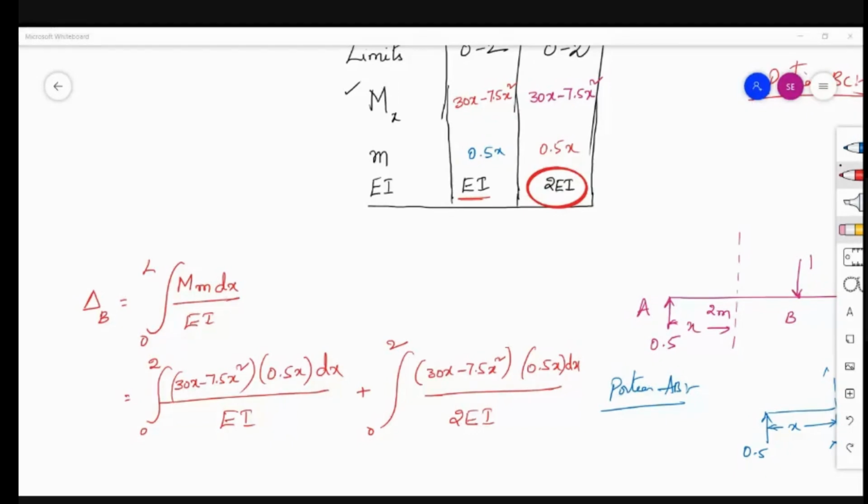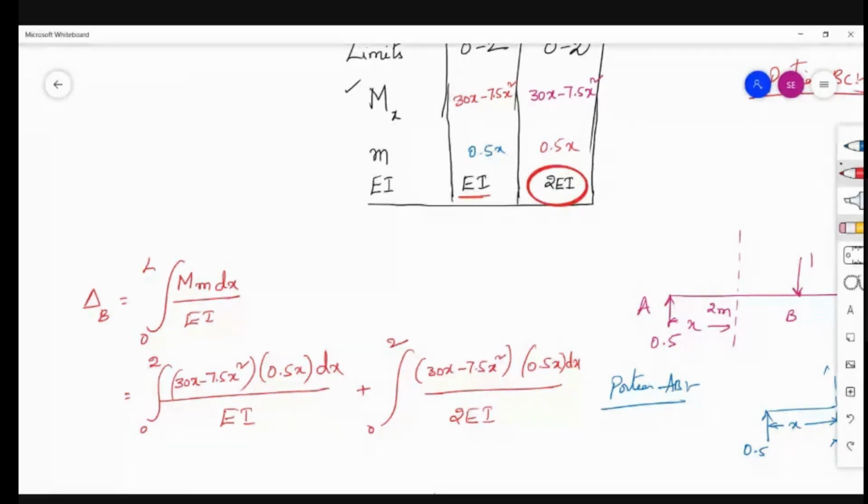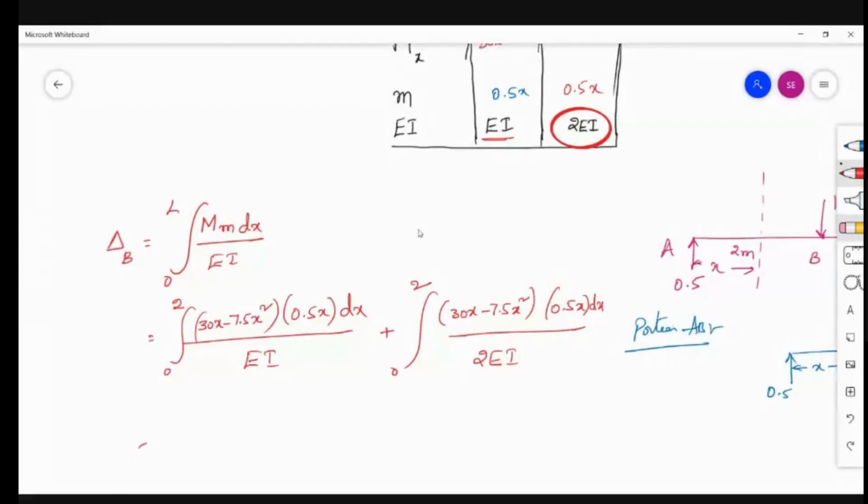Okay, got it right? 37.5 by EI. So the final deflection is 37.5 by EI. It is given EI value is 3 into 10 power 4 kilonewton meter square in the question.